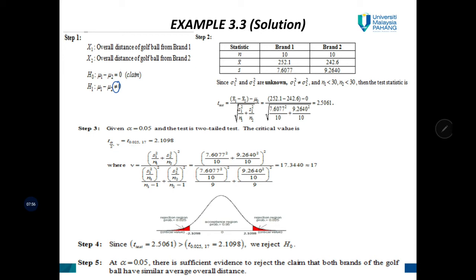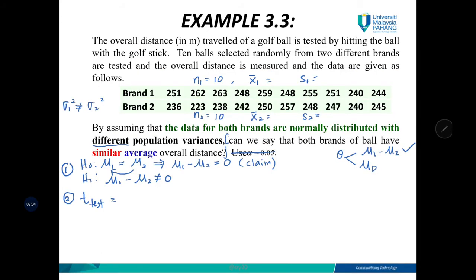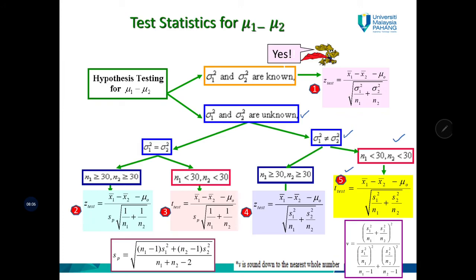For the t distribution, we need to consider the degrees of freedom, nu. When we look at the formula given, the t-test used is formula number 5. For formula number 5, the degrees of freedom we need to use is given by this formula.